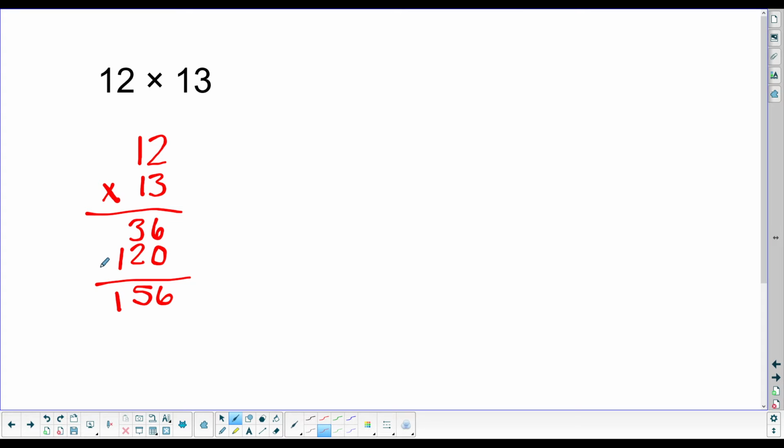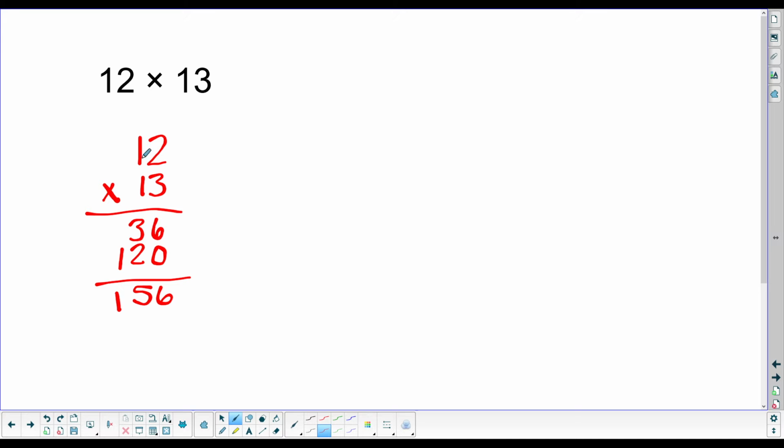Now that's one way of doing that, and that's the standard method that people use. What gets lost in this is what we're actually doing. We're multiplying the 3 times the 2. These are in the ones position. When we multiply 3 times this 1 here, this is not 3 times 1. It's actually 3 times 10.